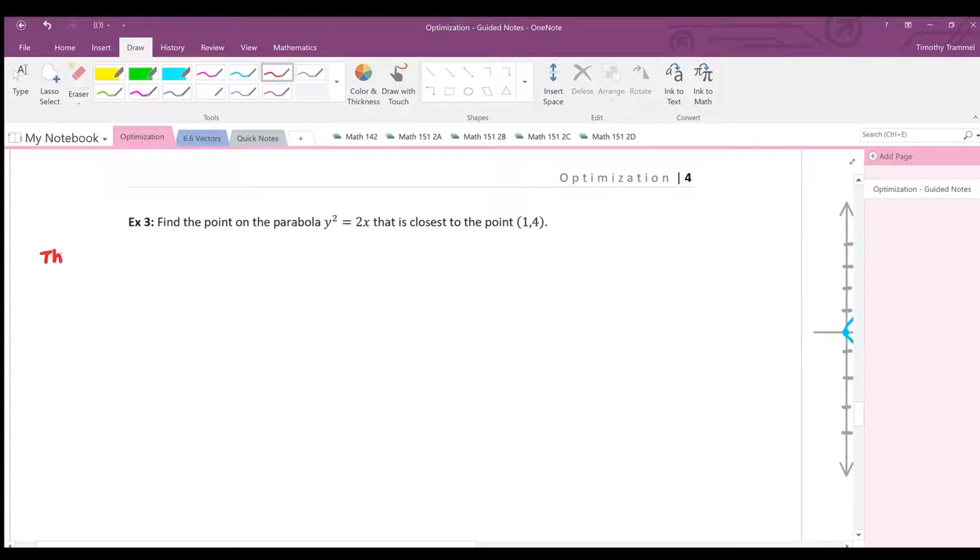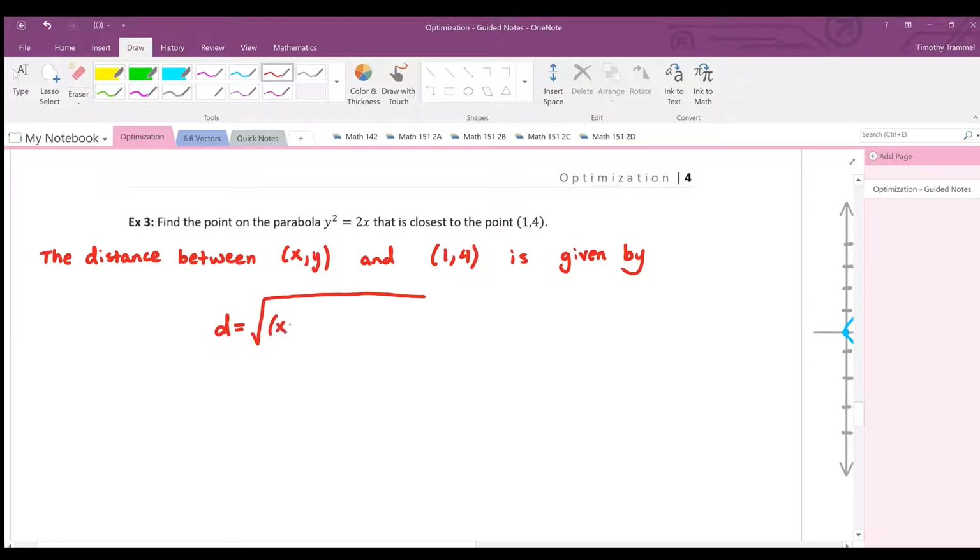The distance between (x, y) and (1, 4) is given by d equals the square root of (x minus 1) squared.